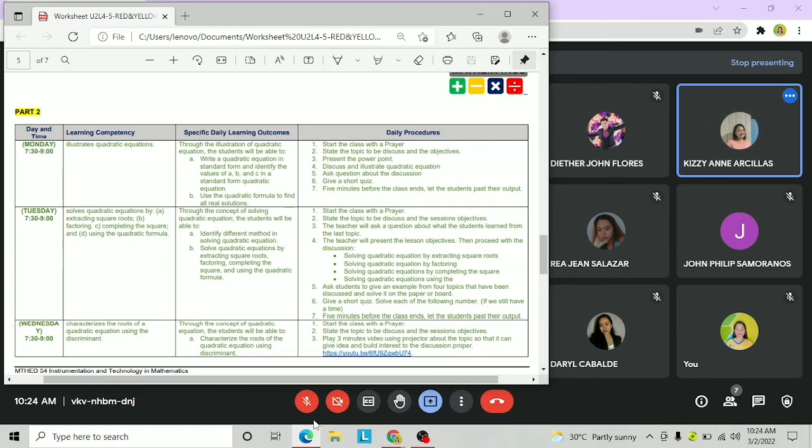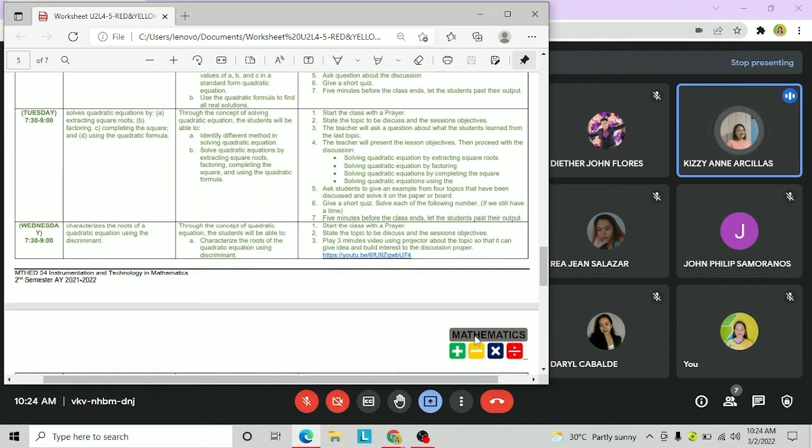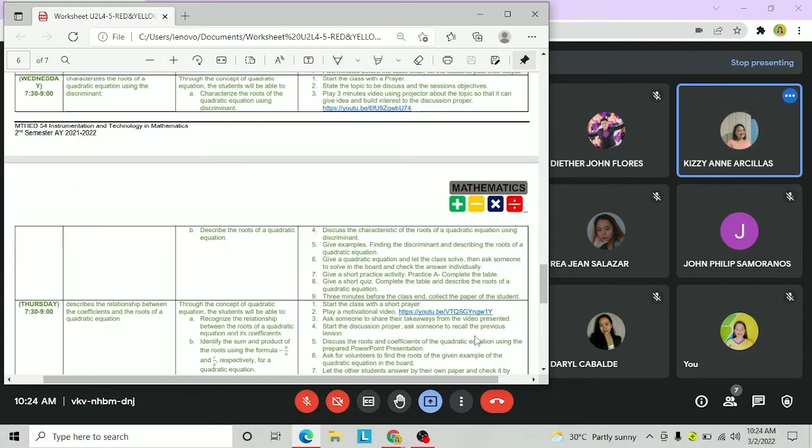And then lastly, ask students to give an example from the four topics that have been discussed and solve it on the paper or board. Give a short quiz, solve each of the following numbers, if we still have time. Lastly, five minutes before the class ends, the students pass their output. And that would be all for Monday and Tuesday.